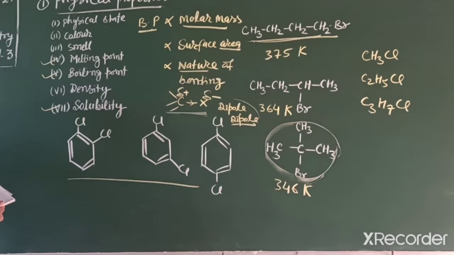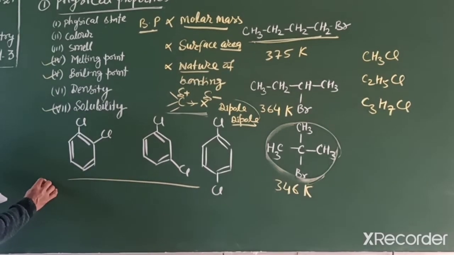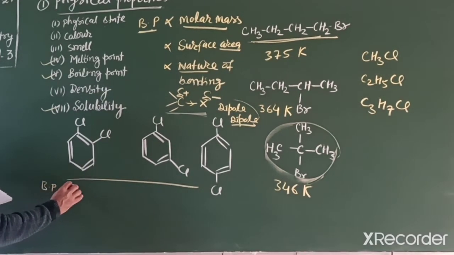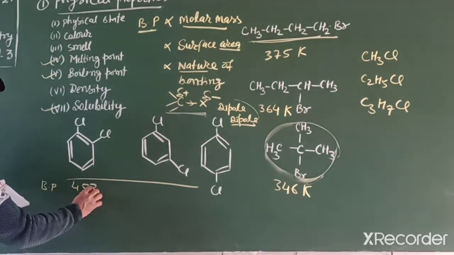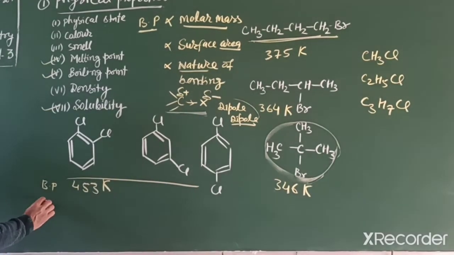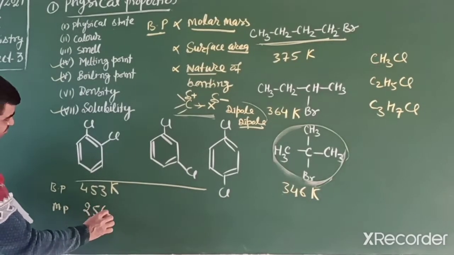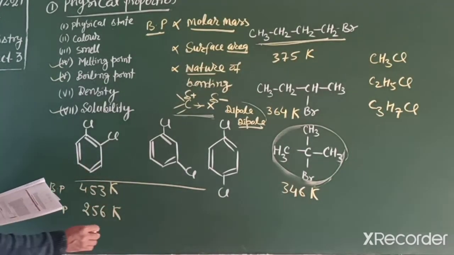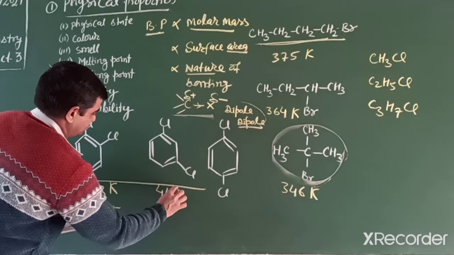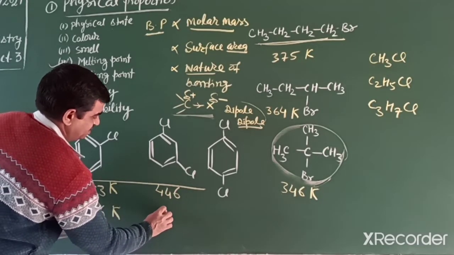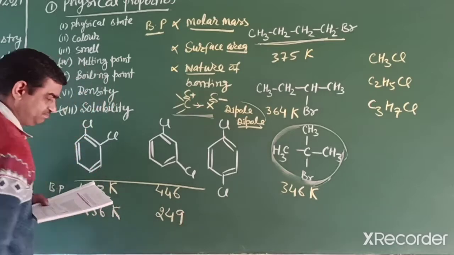First, ortho-dichlorobenzene: the boiling point given is 453 Kelvin and melting point 256 Kelvin. Meta: 446 and the other one is 249 Kelvin.